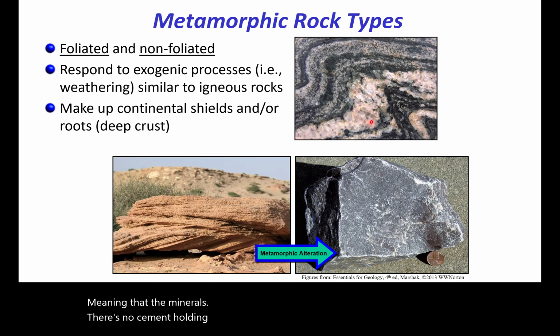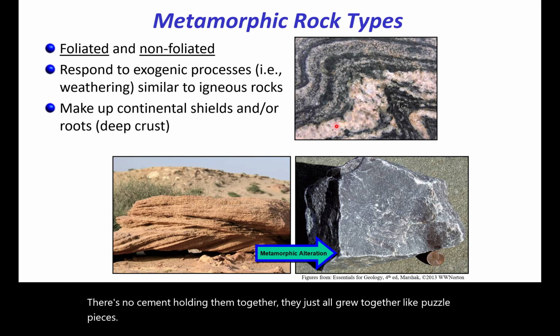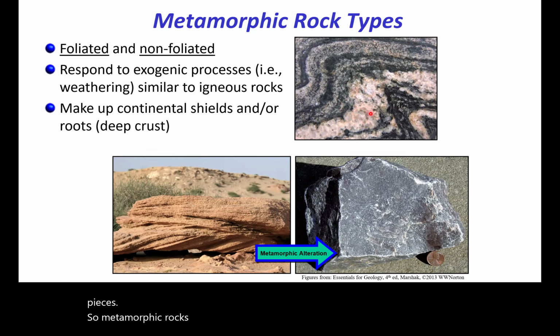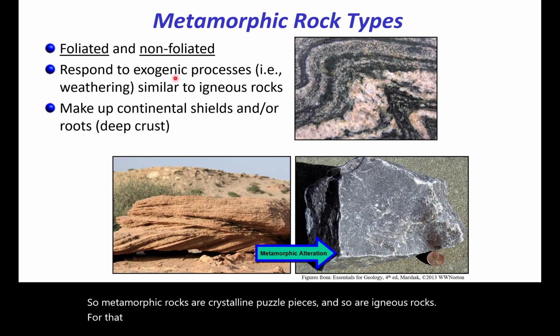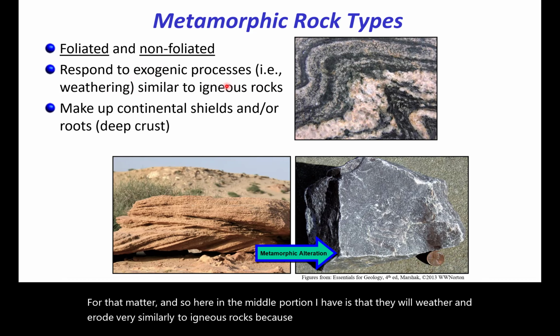They just all grew together like puzzle pieces. So metamorphic rocks are crystalline puzzle pieces, and so are igneous rocks, for that matter. And so here in the middle portion, they will weather and erode very similarly to igneous rocks because of that crystalline texture that they have.